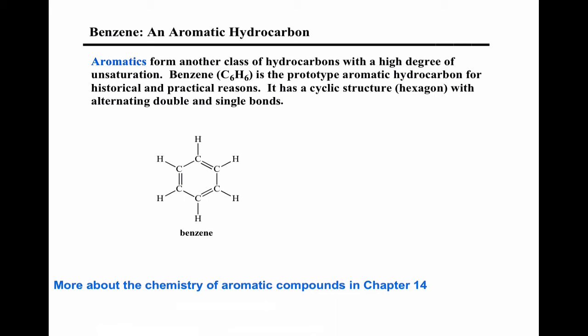The double bonds, right? I can add 2 hydrogens there, 2 hydrogens there, and 2 hydrogens there to have 3 units of unsaturation. Where does the 4th one come from? The fact that it's a ring. Remember, a ring is a unit of unsaturation, and pi bonds are also units of unsaturation, right? So that's where you get the 4 units of unsaturation for benzene.